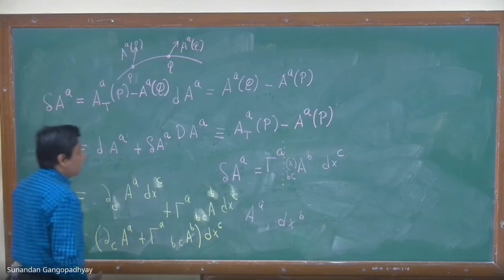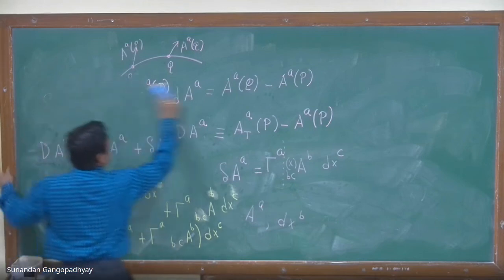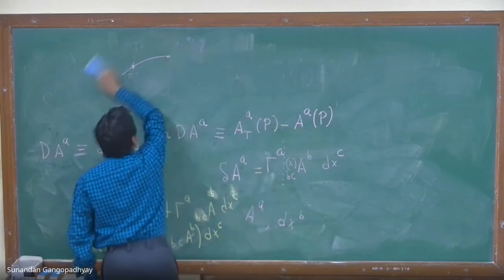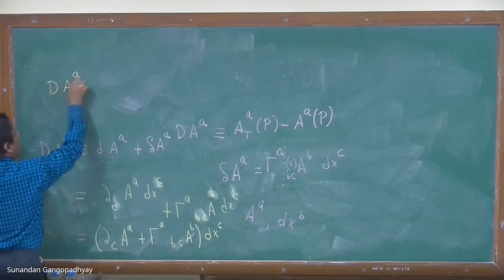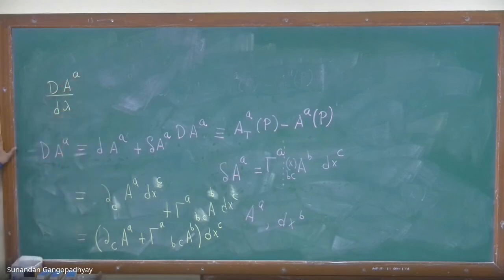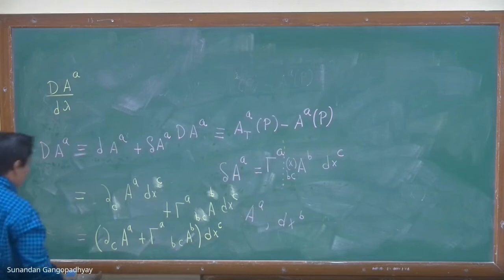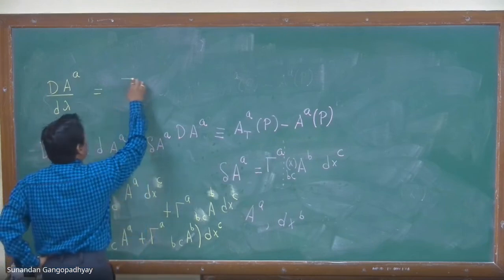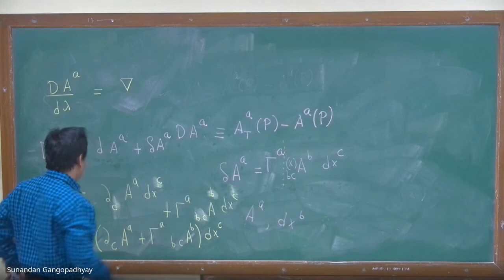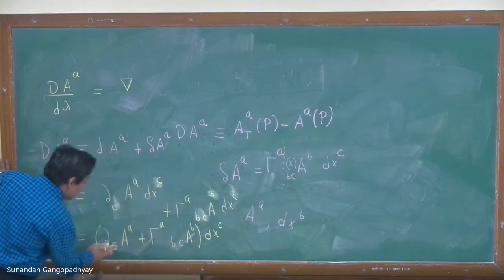Dividing throughout by lambda, we shall now divide throughout by lambda. This is kind of a curious notation. You have a capital T divided by small d lambda. Dividing throughout by lambda, this is the increment in the curve's parameter in the two points. This will give us basically, I will call this grad B. Okay, let me call this B for the time being.